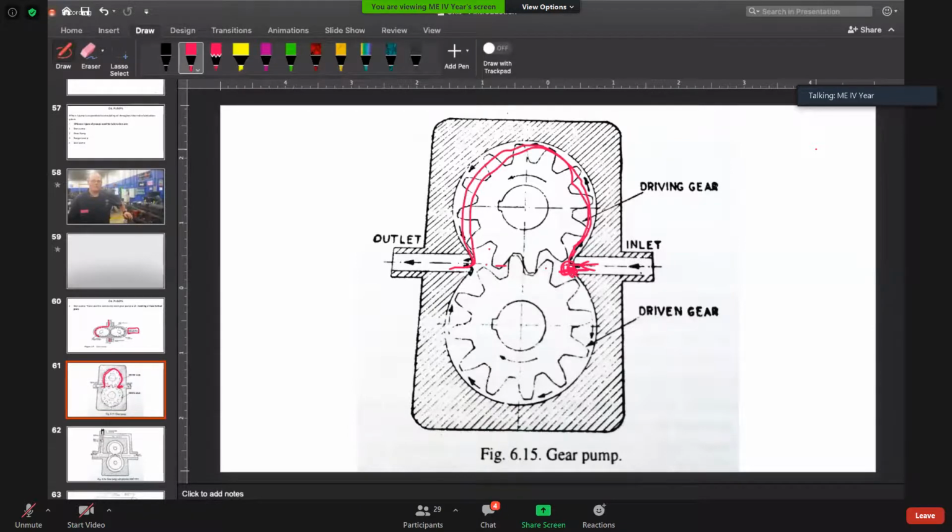Automatically what happens, see, now I'm telling you the mechanism. When it starts rotating, actually it is initially filled with oil. Rahul, it is filled with oil. So when it starts rotating, the oil present on this side, in this area, will be pushed to move outside. Will that happen or not? Yes, sir.